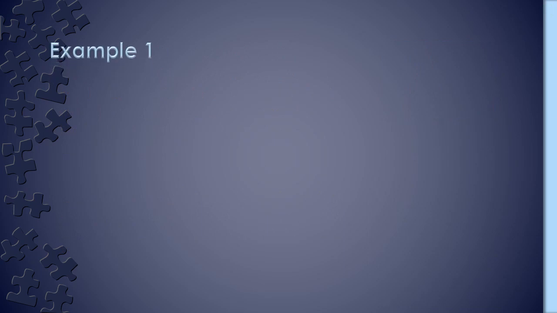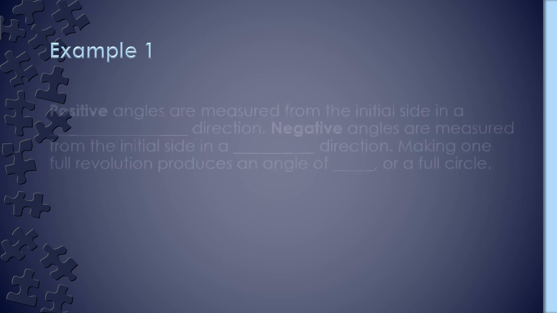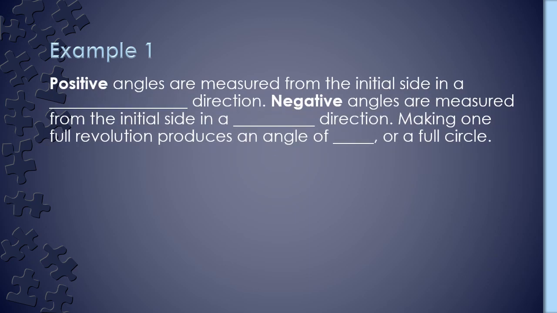Let's take a look at an example, but before we do that, there's some vocabulary that needs to be defined. Positive angles are measured from the initial side in a counterclockwise direction. Negative angles are measured from the initial side in a clockwise direction.